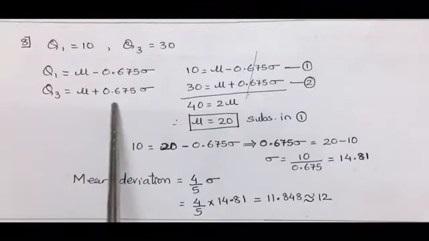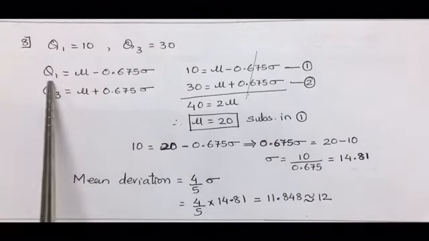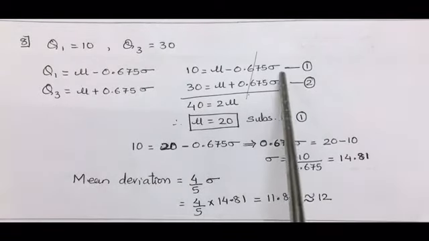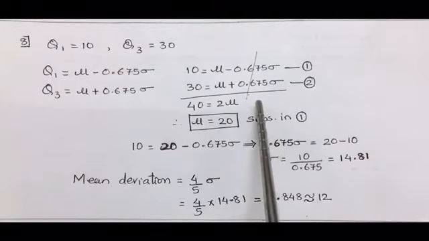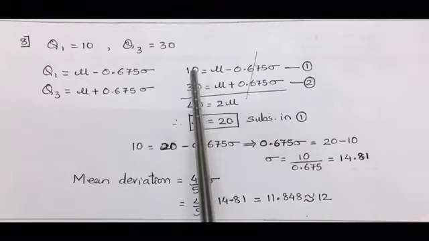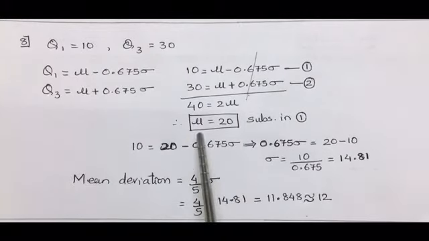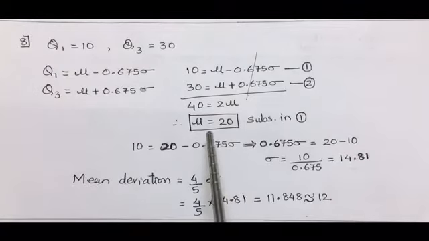Q3 is mu plus 0.675 sigma. Putting the value of Q1 as 10, Q3 as 30 and solving the equations with the help of elimination, we get 40 equal to 2 mu. So the value of mu is equal to 20. Mu is the mean.